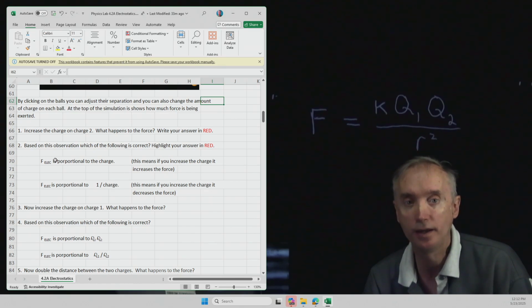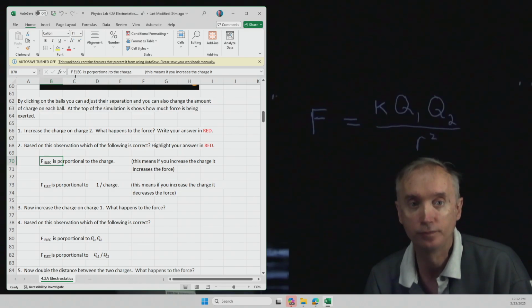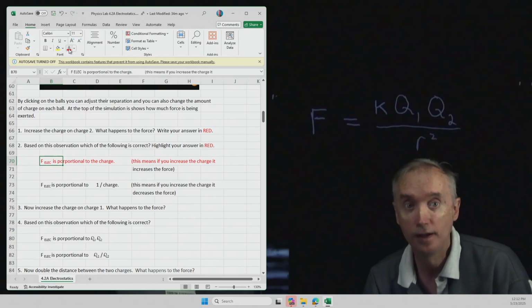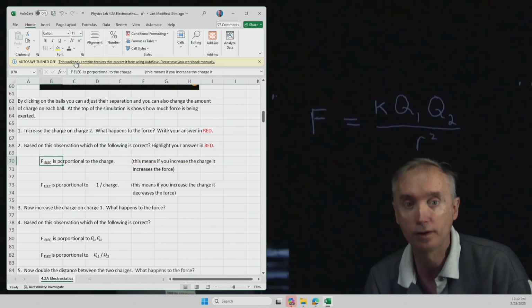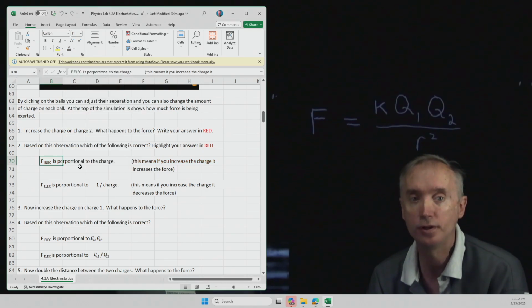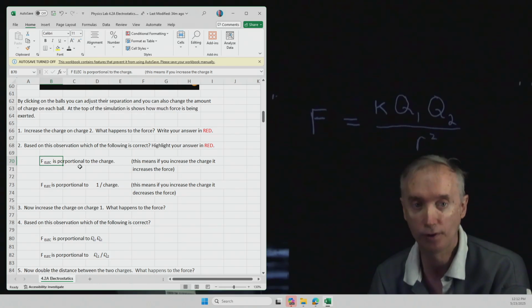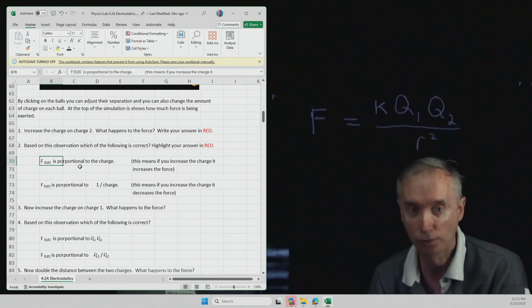If you highlight anything, so let's say that I highlight this statement, and then I click on this button, it will turn it into red. Okay, and then if I want to change it back into regular black, then I can go back to automatic. So anything that you put into the lab, make sure and do it in red so that I can see what you wrote as compared to what I wrote.